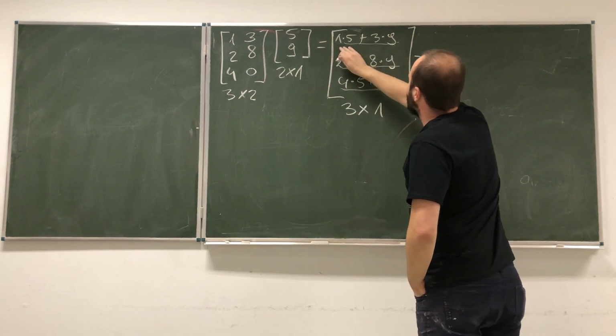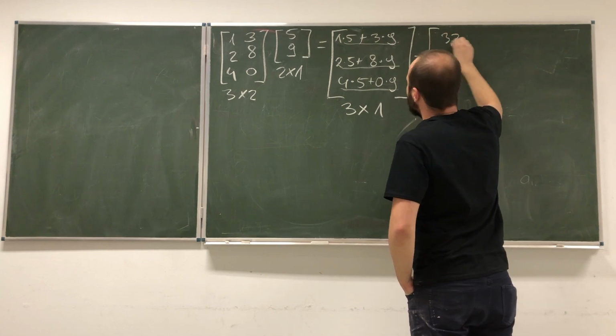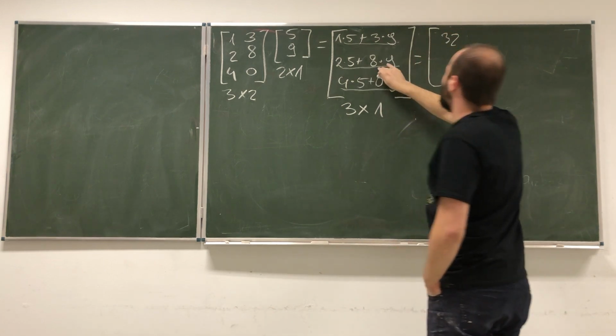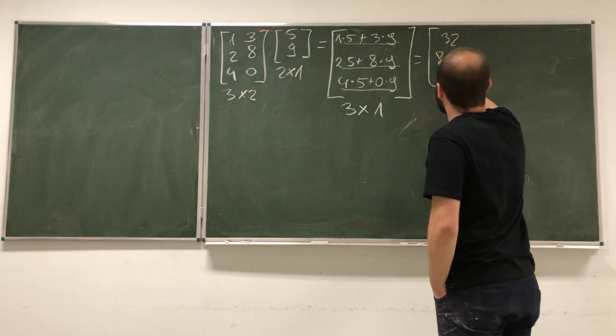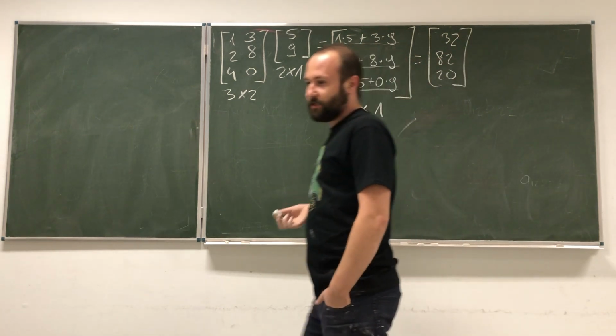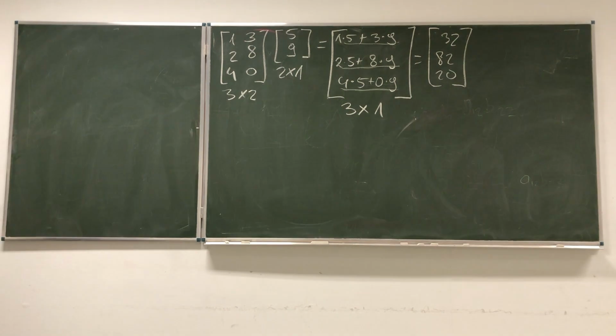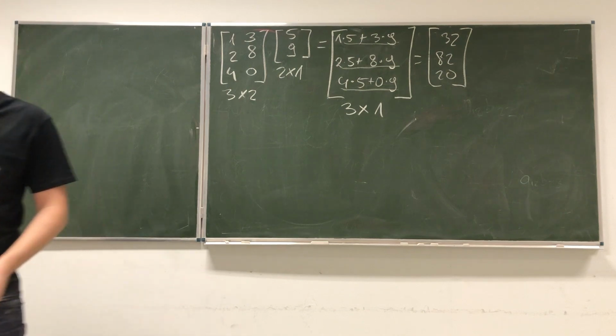So, we get that this is 5 plus 27, so we have 32. Here we have 72 plus 10, it's 82, and 20. Okay, so as you see, it wasn't that bad. And I think at this moment, we are getting a hang of it.